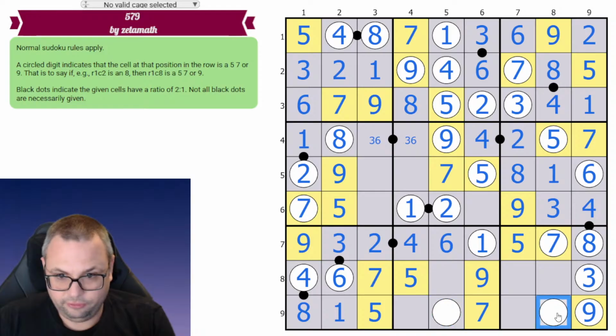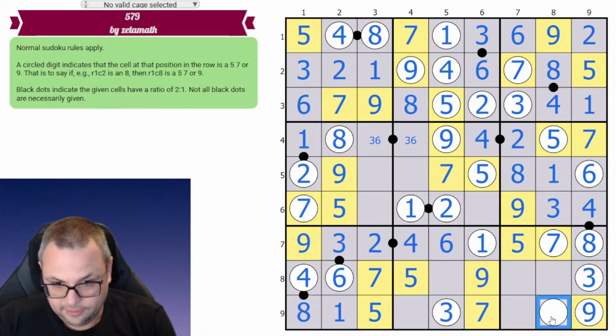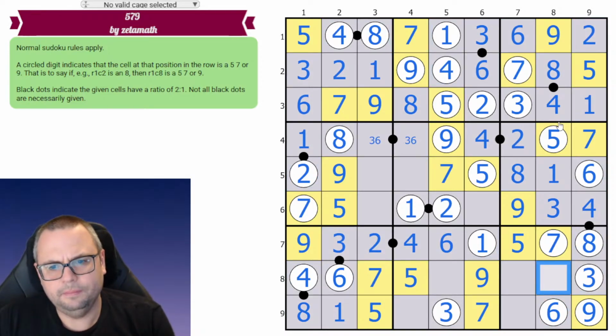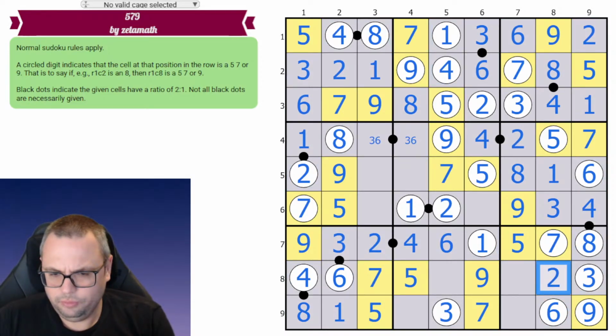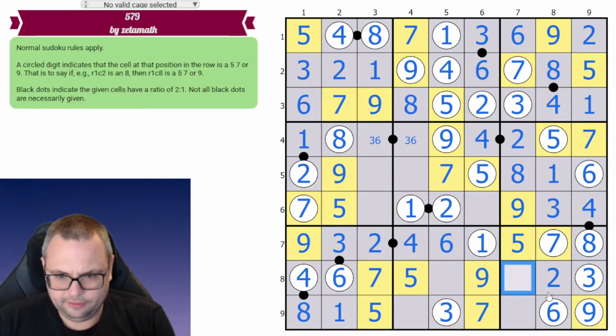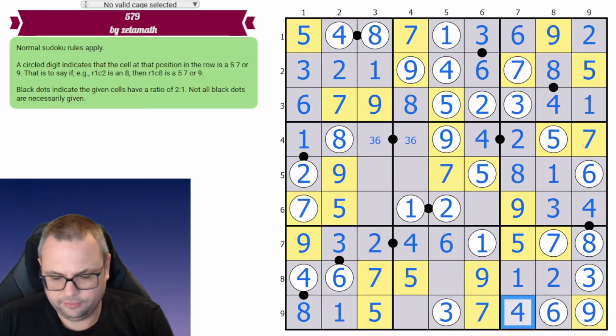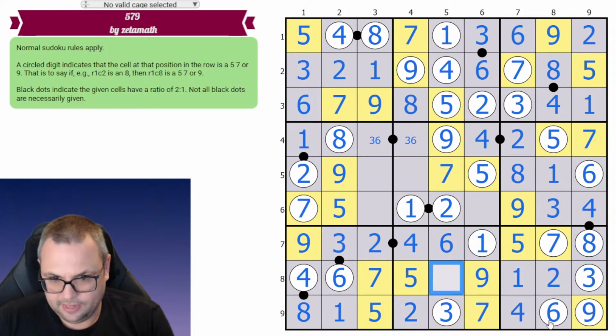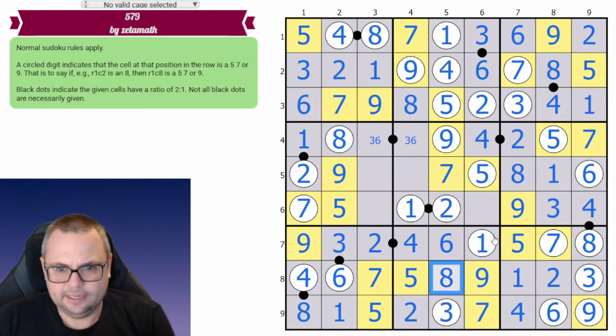Let's see. One of these two is a 3, and it's that one. And the other one is a 6, so it must be that one. Oops. So now this column needs a 2. This box needs a 1. There's a 4. This row needs a 2. This is an 8. Let's see.